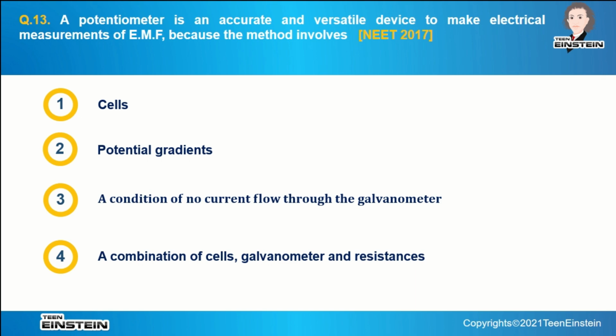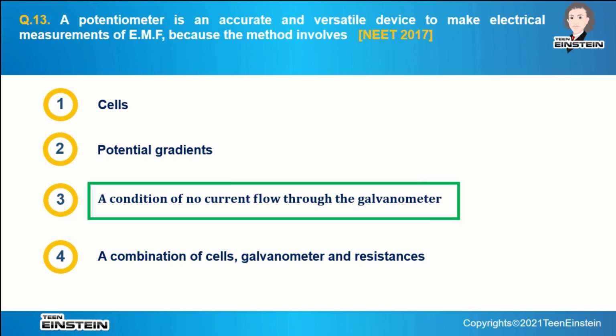It is accurate because the method involves a condition of no current flow through the galvanometer. The device can be used to measure the potential difference, the internal resistance of the cell, and compare the EMF of two different sources. So the correct option is a condition of no current flow through the galvanometer.